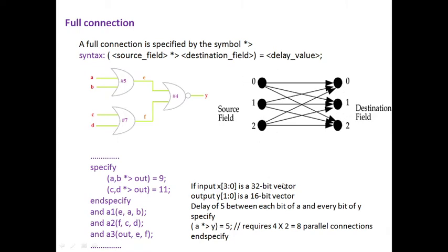If I want to have a fully connected network between the source field and destination field, such that each bit at the source field is taking 5 seconds of delay for its path from source field to destination field, how many fully connected paths, or how many parallel connections, do I require? Source side I am having 4 pins, destination side I am having 2 pins. So how many parallel connections do I require here? That is 4 cross 2, such that each and every path in your parallel connection is taking 5 seconds of time as its delay.